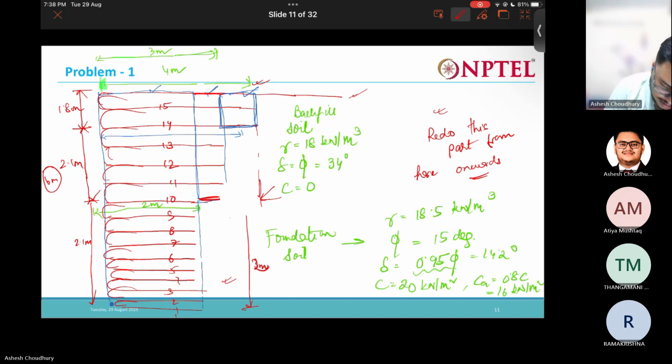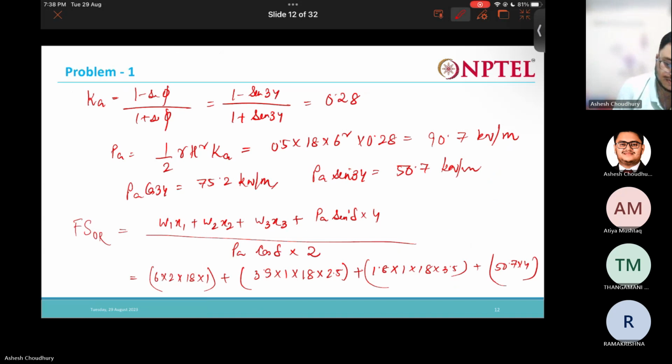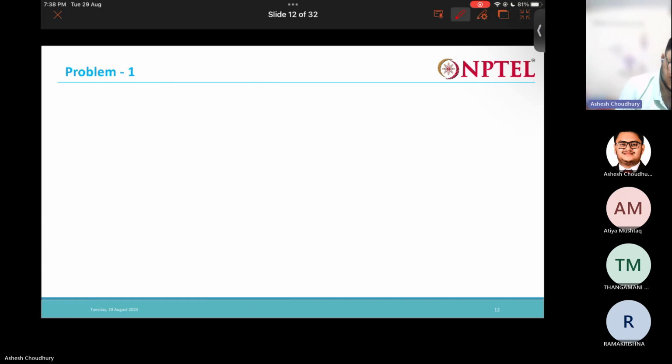Divided by PA cos delta, 75.2 into 2. All right, so we see the factor of safety against overturning comes out as 4.7, which is greater than 2.